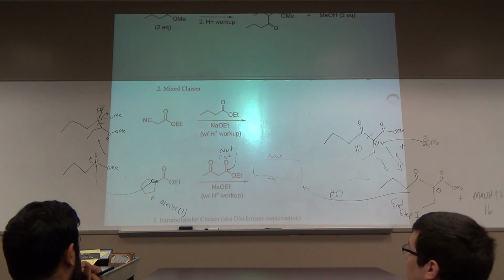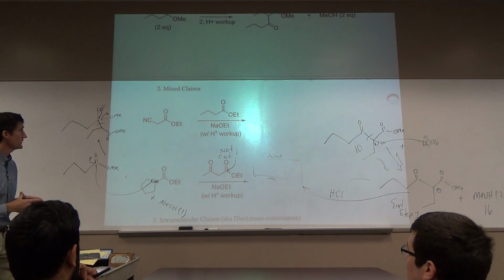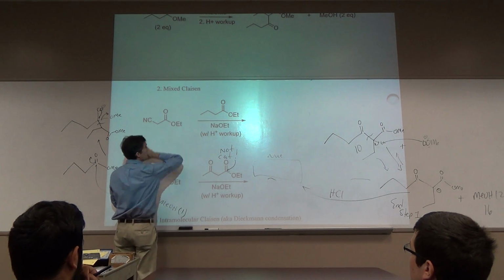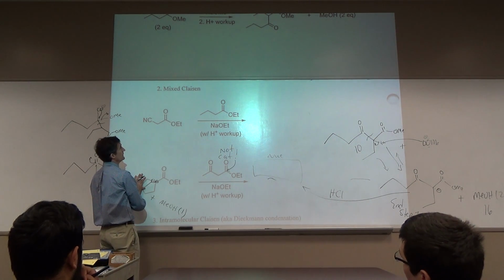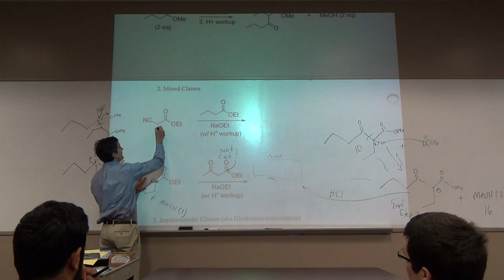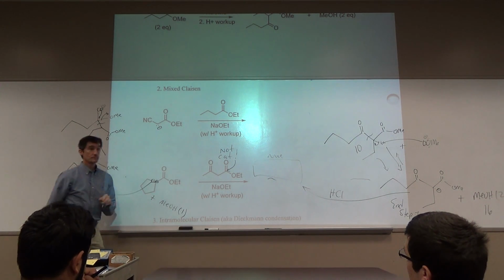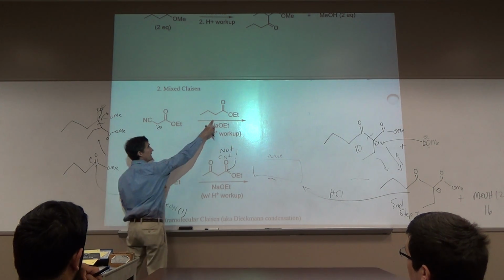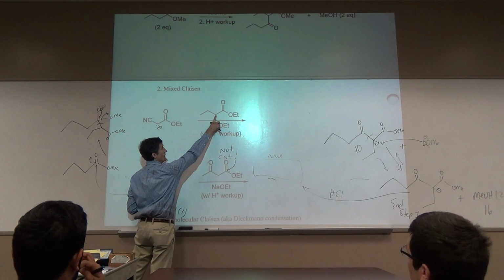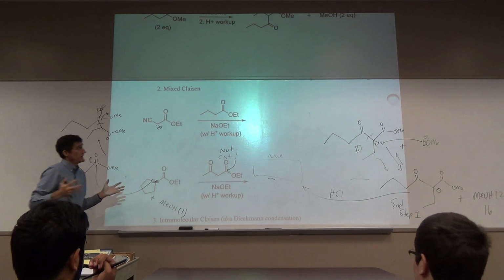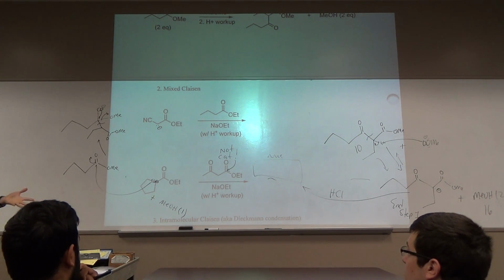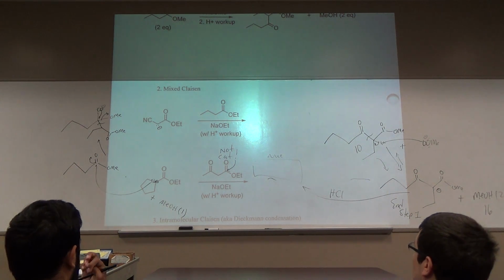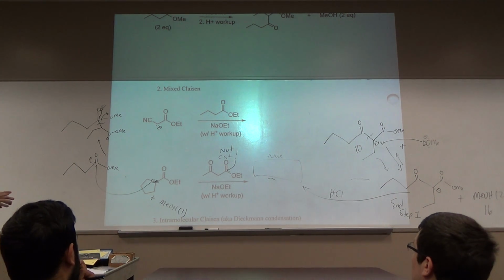What's the most acidic proton on the board here? The one in between the cyano and the carbonyl. Right there. Well, it's not the only one, this guy has some acidity. But there's no carboxylic acid or phenol or anything. All the H's are on carbons.